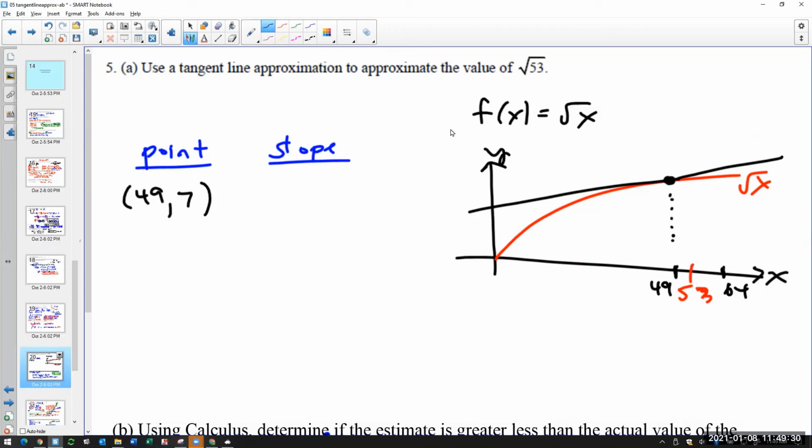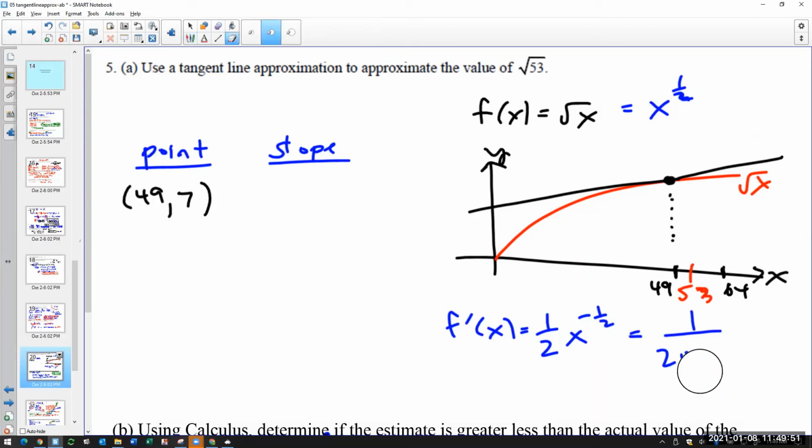But the slope is really the slope of a tangent line, which is really just the derivative, okay? So let's go ahead and do the derivative here. You need to rewrite this as x to the 1/2. So the derivative is equal to 1/2 x to the negative 1/2. I think I'm doing that right. And so that's 1/2 x to the 1/2, which is 1/2 square root of x.